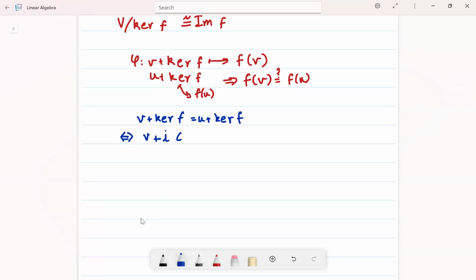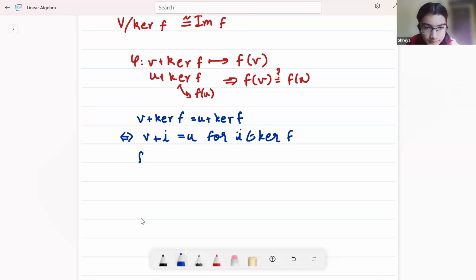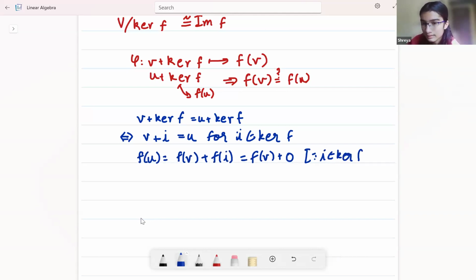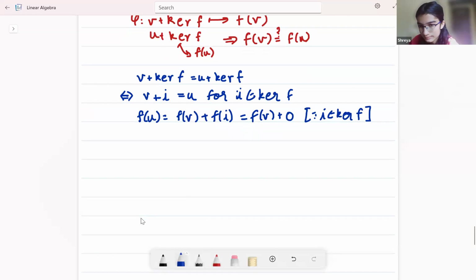And we can just use the f of a plus b equals f of a plus f of b property on v plus i. This is because i belongs to the kernel, so by definition, f of anything in the kernel is 0.